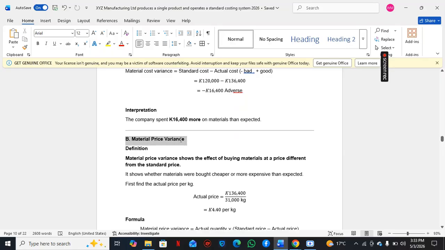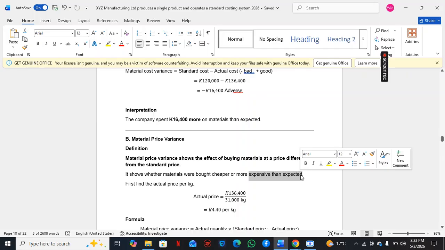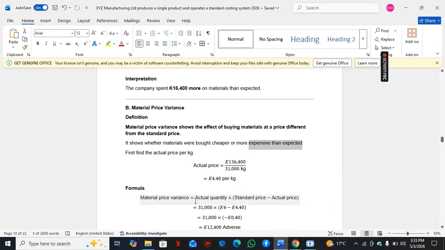Material price variance shows whether materials were bought cheaper or more expensive than expected. This is the formula: the actual quantity of materials used multiplied by the standard price minus the actual price, per unit or per kg.